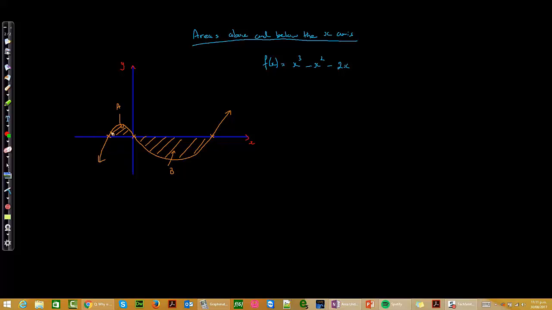You cannot integrate between, let's call these points A, B, and C. If you calculated the definite integral between C and A of this function, whatever numeric value you get is actually going to be the difference between these two areas, and you actually end up with a negative answer, because in this case this area here is much larger than this one, so this definite integral will be more negative than this would be positive.